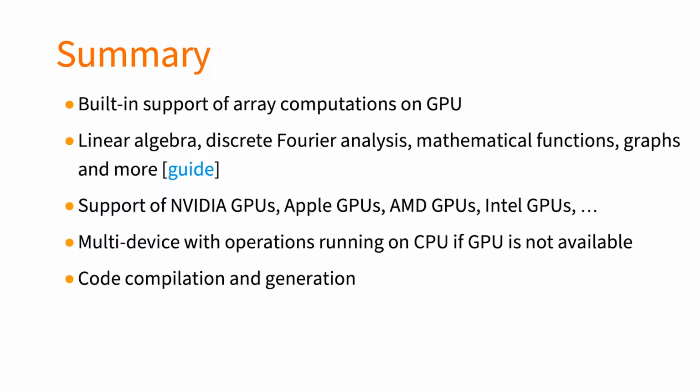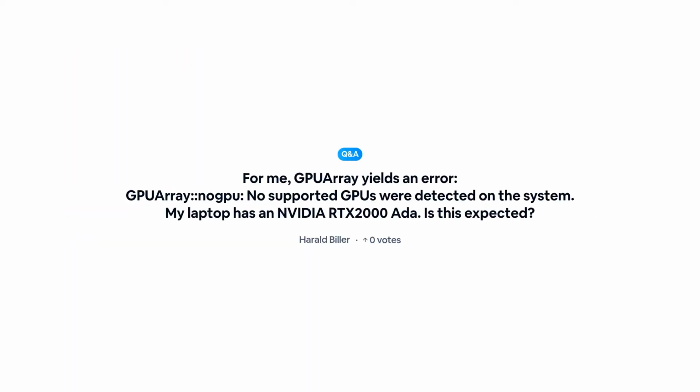And yeah, you have a question to answer? Yes, there is a question. Somebody just ran GPUArray and they get a message: not supported GPU were detected on the system. So that may happen, and in this case, I believe it is NVIDIA. He's pointed out NVIDIA RTX 2000. So what I'm suspecting in this case is probably the CUDA toolkit, the SDK.